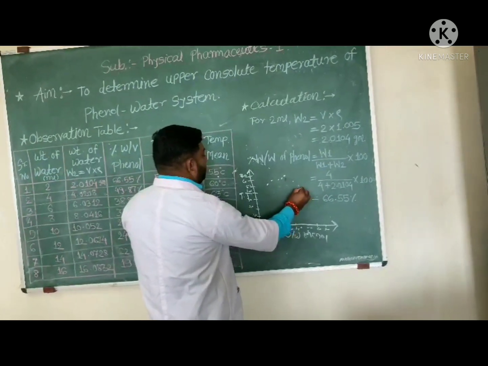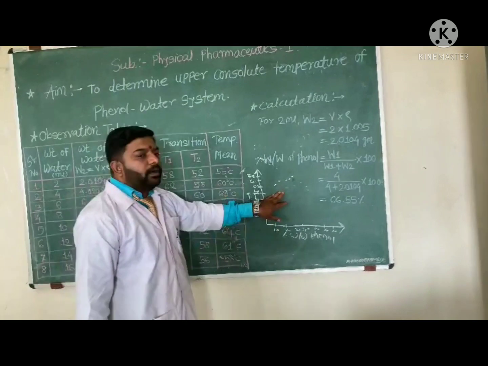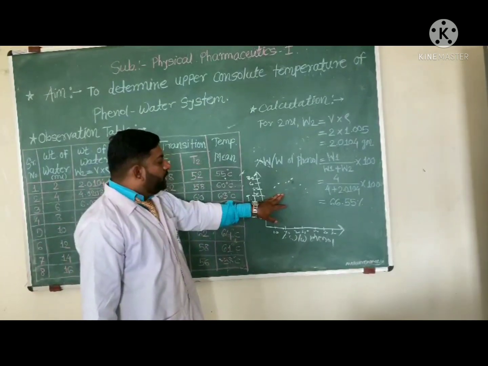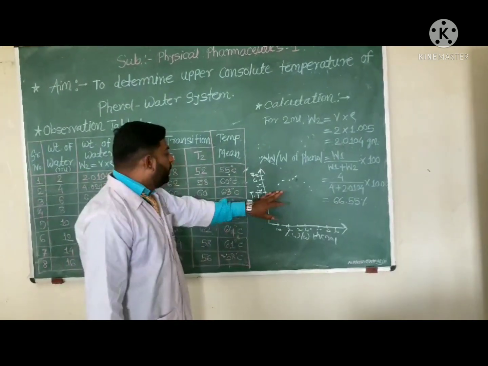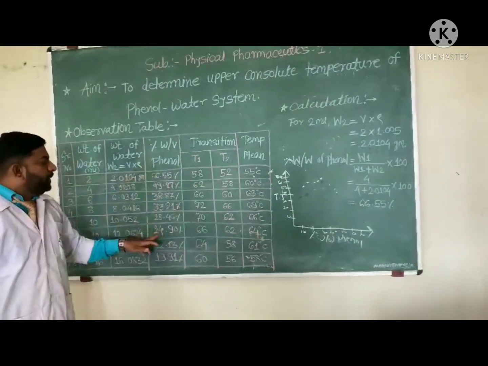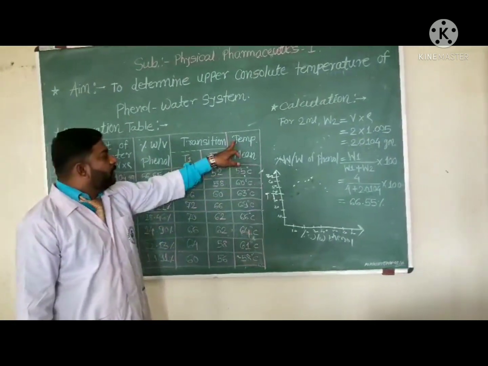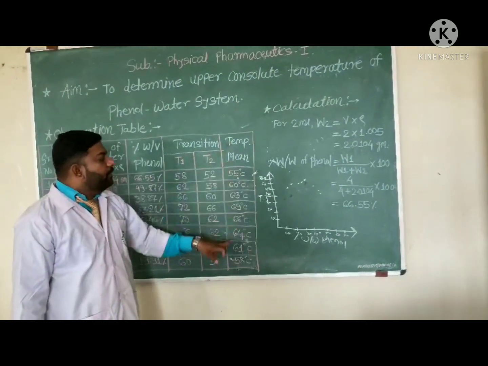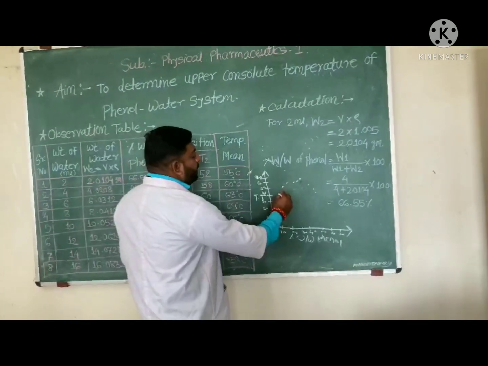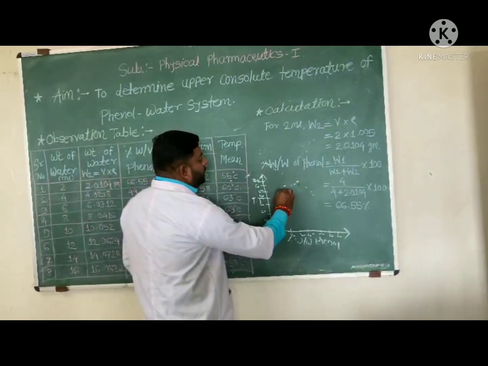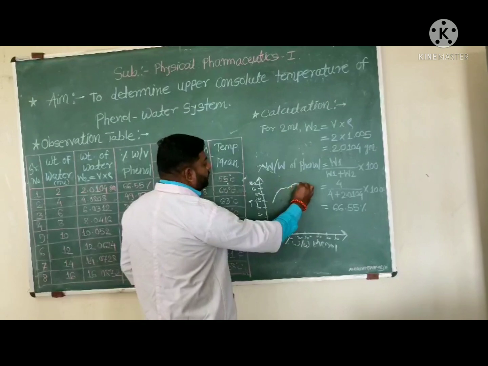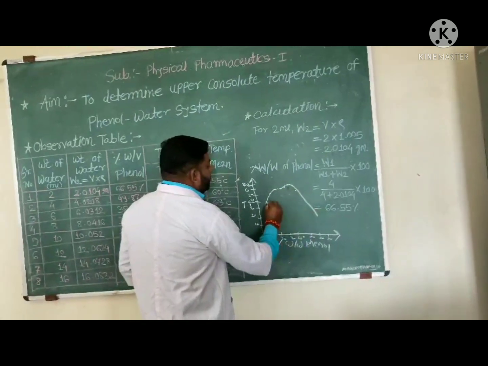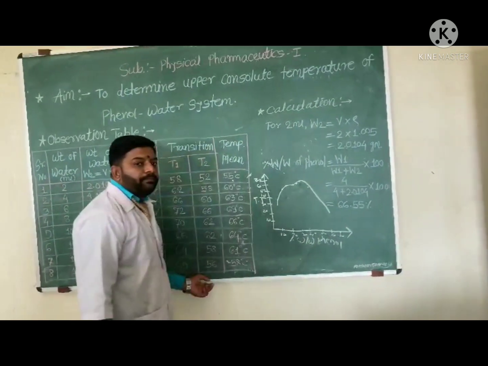Here is 50. This type of dot we have drawn on the graph paper for different percent weight by weight of phenol and transition temperature. Then with the help of a pencil we join all the points. We get this type of curve, a U-shaped curve.